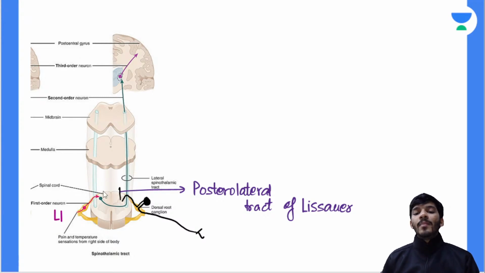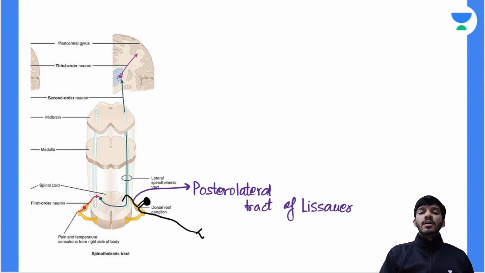Okay, now from L1, let's say the second order neuron is present in T12, or in T11, or in L2. So the posterolateral tract of Lissauer will allow that axon to go slightly above or slightly below, one level above or one level below. That is the role of the posterolateral tract of Lissauer. Okay, nothing much. So you can absolutely skip it out of your mind when you are thinking, but just remember that ऐसा कुछ होता है. Okay, so I'm just giving it a label so that you guys don't forget.